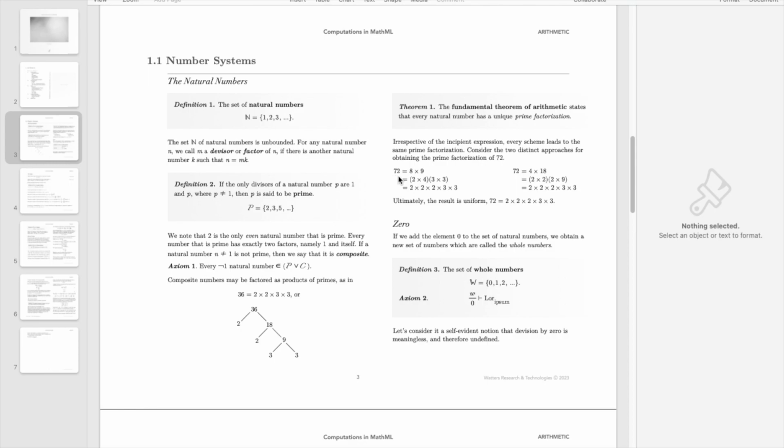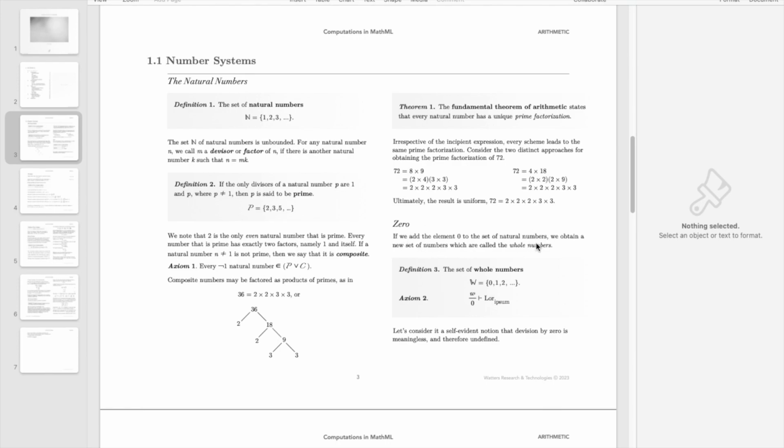The number of interest, whether it's 72 in this case or whatever else. So irrespective of the incipient expression, every scheme leads to the same prime factorization. Both of these schemes factor to, or reduce to, this prime factorization. Ultimately, the result is uniform, right?